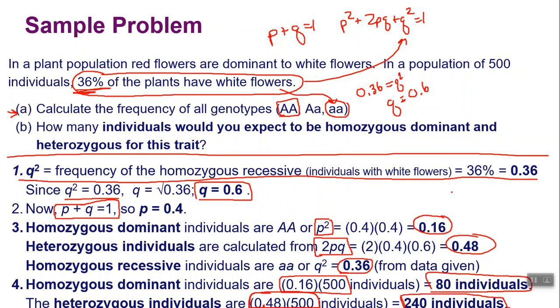Right? Remember, this is only true if all 5 conditions in this population for Hardy-Weinberg are met. And the whole point is that if you did this exact same problem with this exact same population with 500 flowers maybe 10 years later, you would expect to see different allele frequencies because something will have happened.